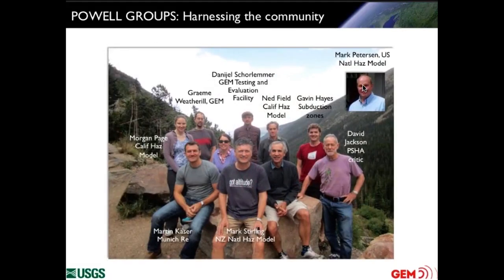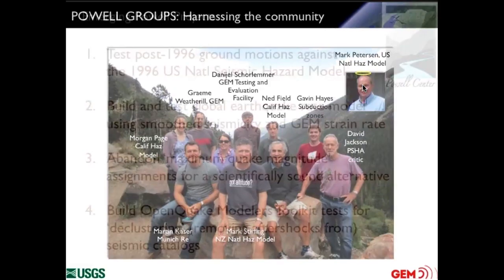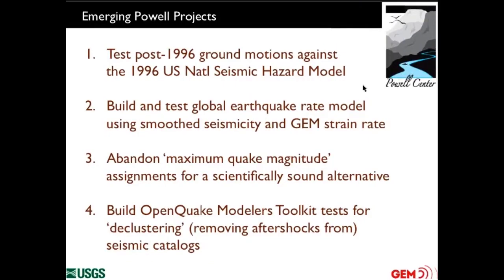Here's another one that was focused on the fast deforming areas of the world, such as the San Andreas and subduction zones. Okay, Mark may not be an angel up there, but in other words, we're not going to worry about good guys and bad guys. We're going to get together. We're not going to circle the wagons. We're going to have these discussions, and out of these discussions come tests and activities to try to do a better job.